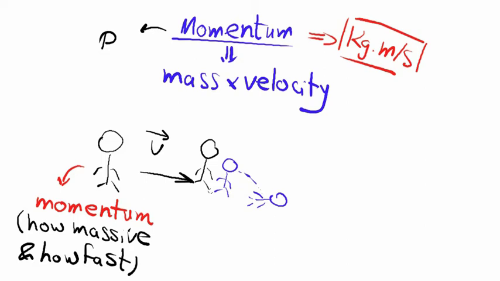On the other hand, when you were standing in his way, your body did not want to move except when it was acted on by your friend's momentum. So we say that your body had inertia. And inertia only describes how massive an object is.